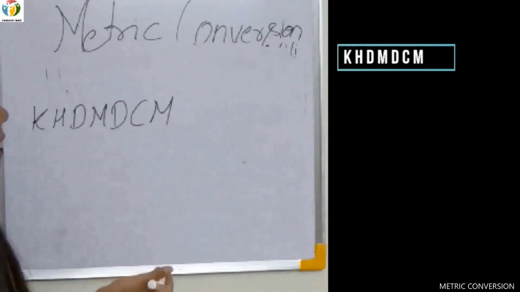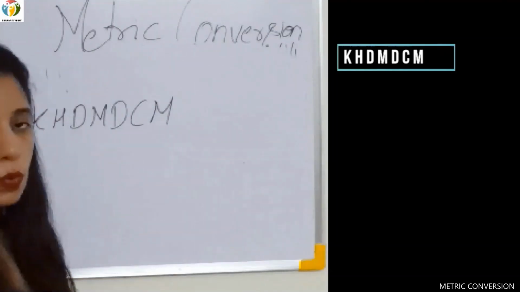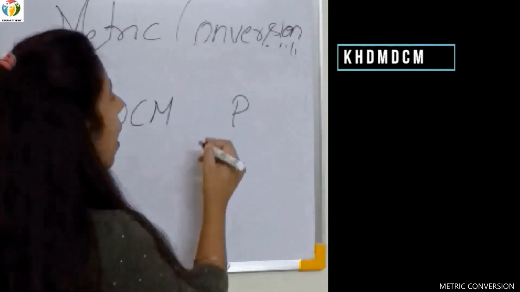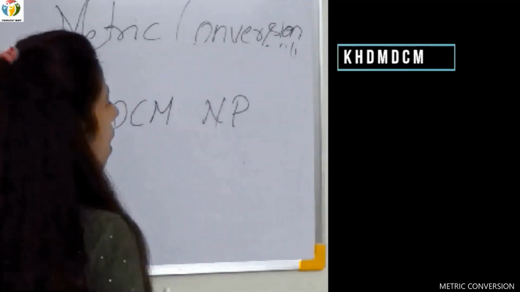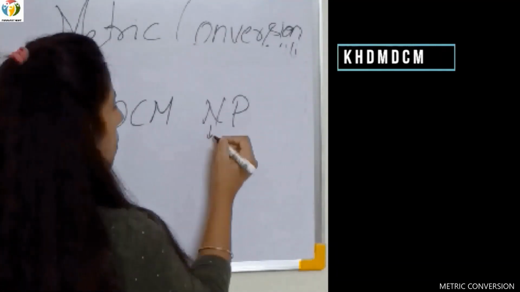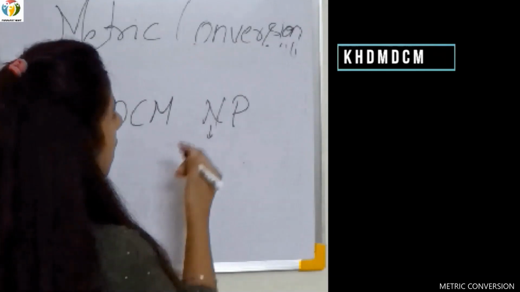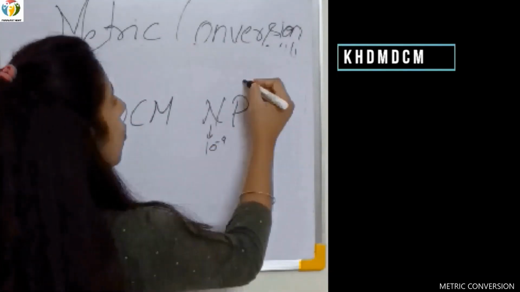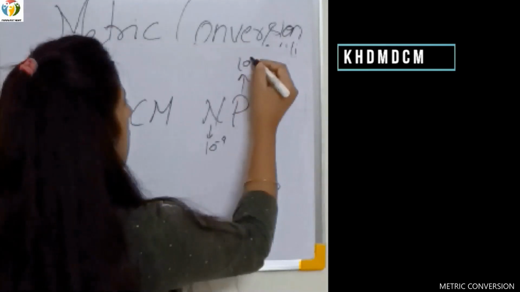And then let's say you have the other units, like you have picometer, okay, you have nanometer. Now if you remember, nanometer means 10 to the power minus 9. What does the picometer mean? 10 to the power minus 12.